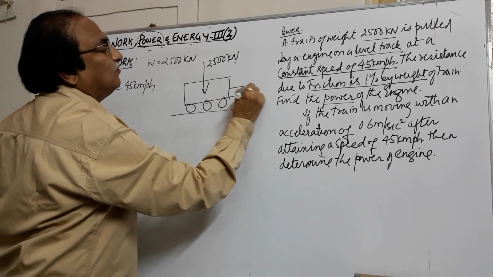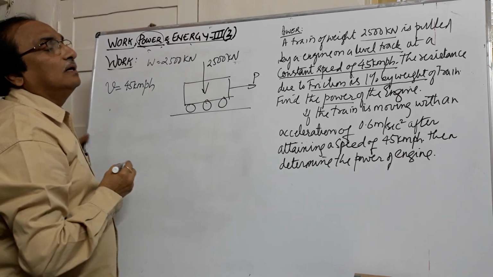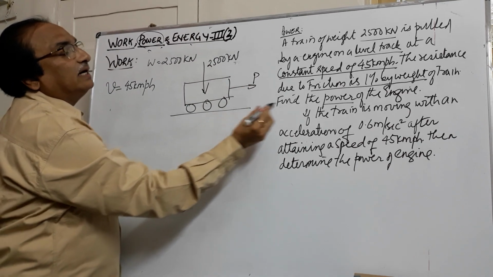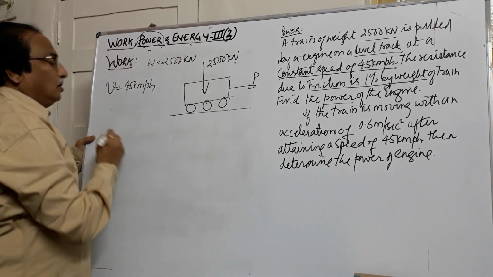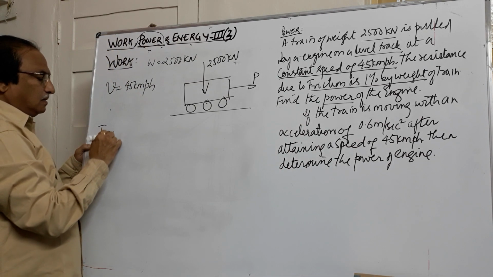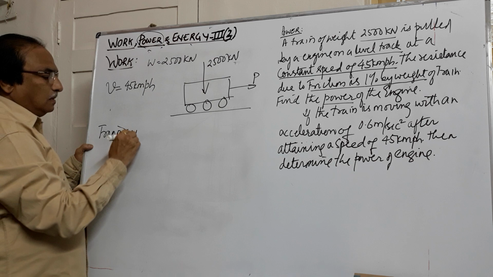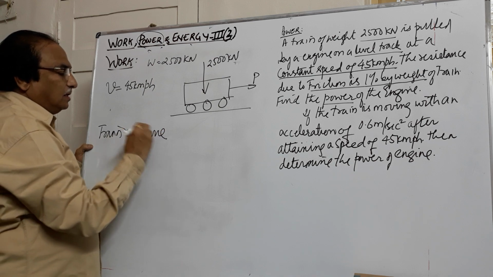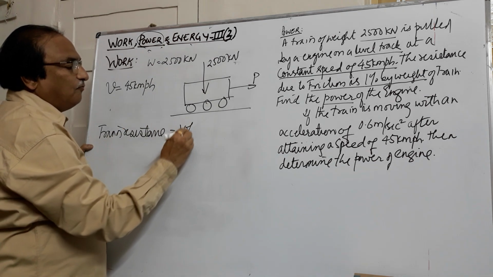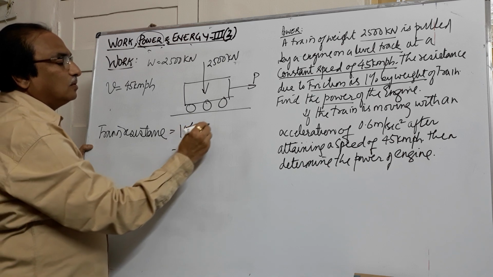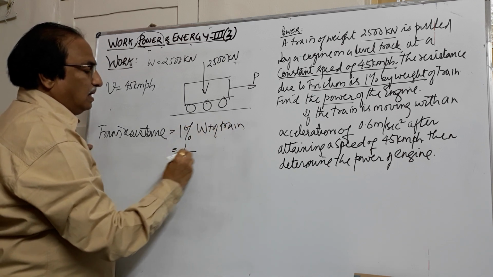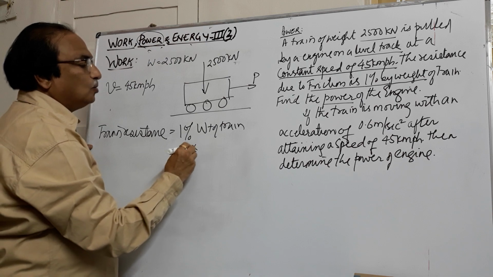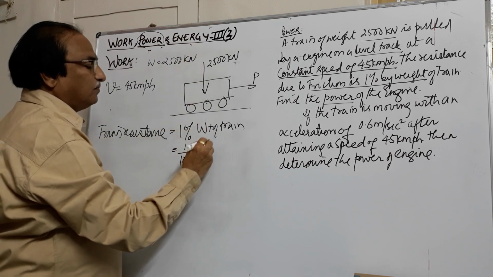So if P is the force required to pull and the train is offering a resistance of 1% by weight of the train. So train resistance is equal to 1% of weight of train. So this will be equal to 1 divided by 100 into weight of the train is 2500.